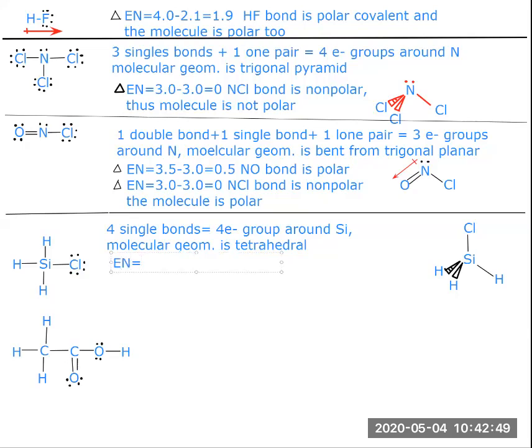So electronegativity difference between, let's do silicon hydrogen. The electronegativity for silicon is 1.8. The electronegativity for hydrogen is 2.1. So we'll do 2.1 minus 1.8 equals 0.3. So the difference is 0.3 for the SiH bond.